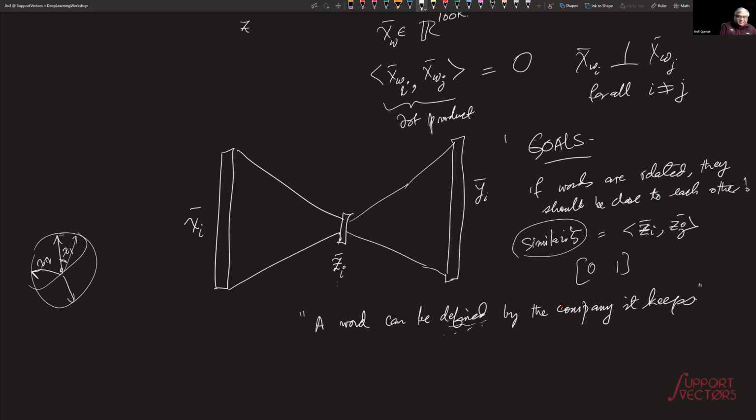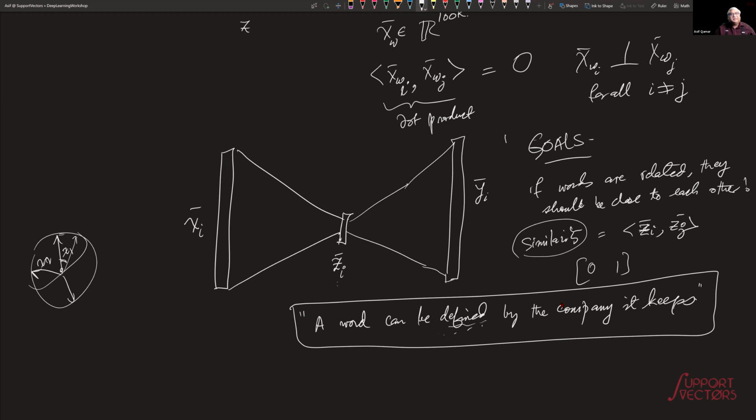I wish I could remember the author, if anyone of you has it, you can Google it. The exact statement: a word is defined or understood by the company it keeps, with other words in the corpus.